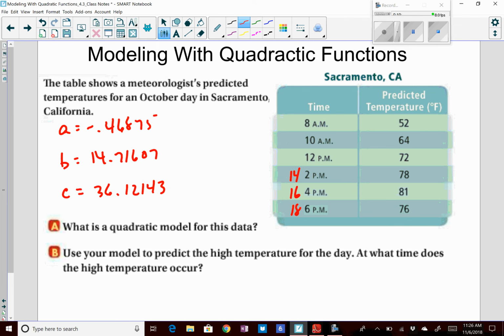Okay. So our model then would be negative 0.46875 x squared plus 14.71607 x, and this was a negative 36.12143.